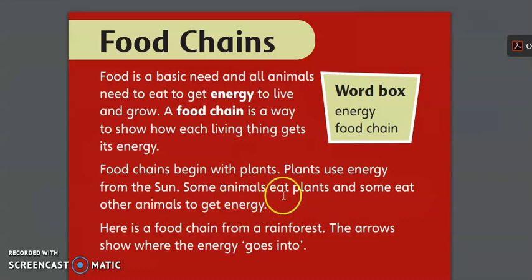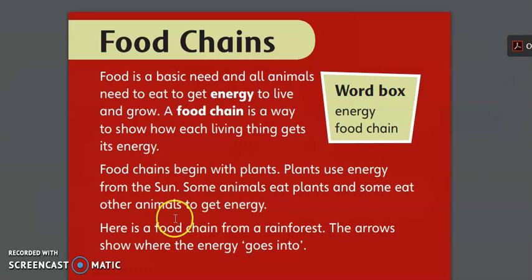So like what we learned earlier, there are animals that feed on animals alone, and these are known as carnivores. Those animals that feed on plants are known as herbivores, whereas the animals that feed on both plants and animals are known as omnivores.